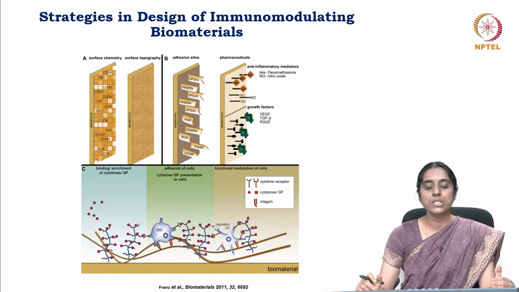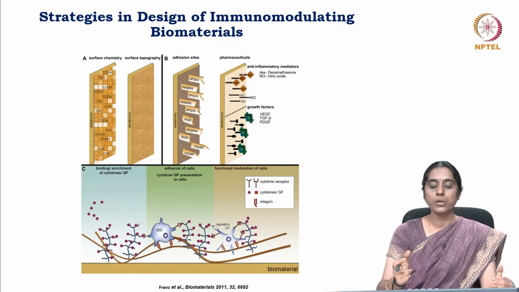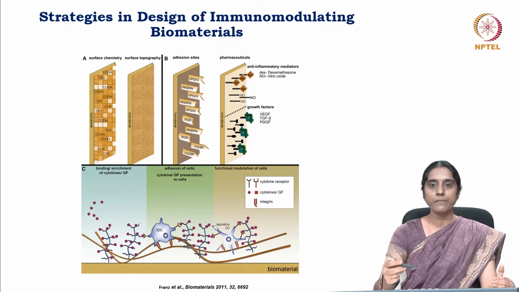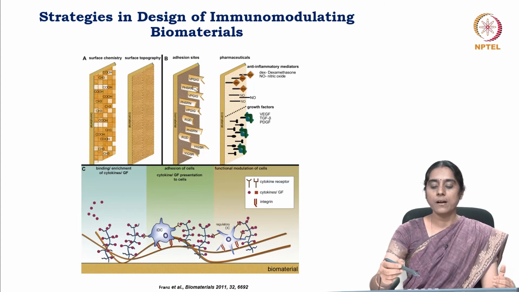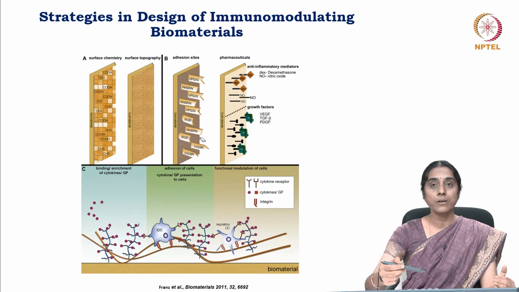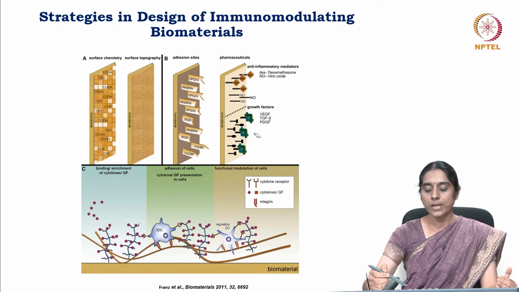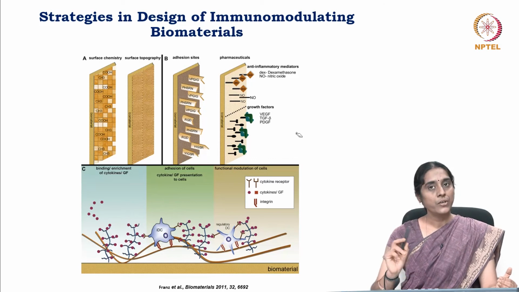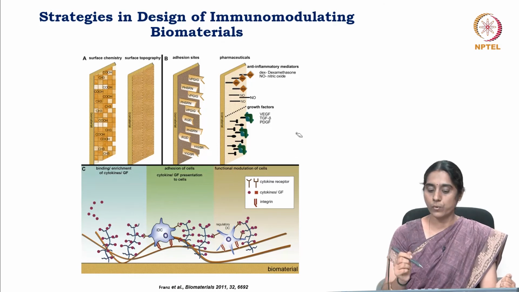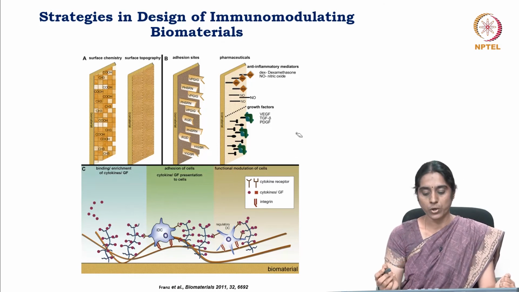So, some of the strategies, as I have told you, even by tuning the surface chemistry, surface topography, and by using lot of drugs, including certain peptides and pharmaceutics, we can tune the immune response towards wound healing and to avoid extreme degree of foreign body reaction or inflammation.